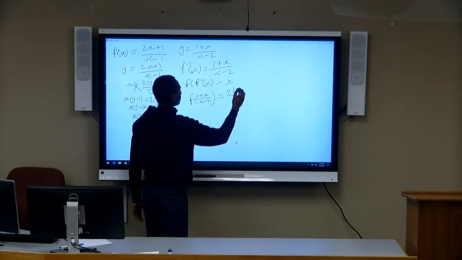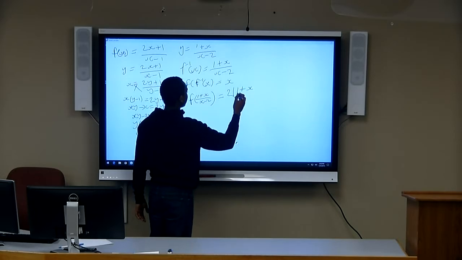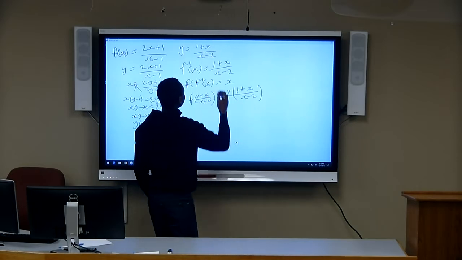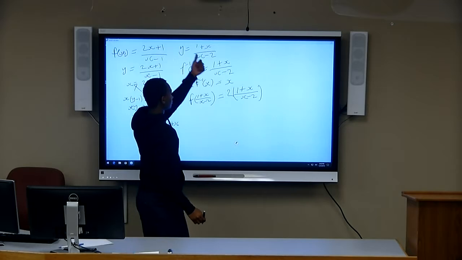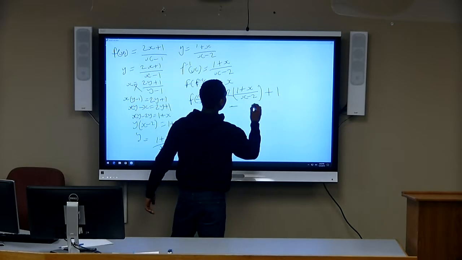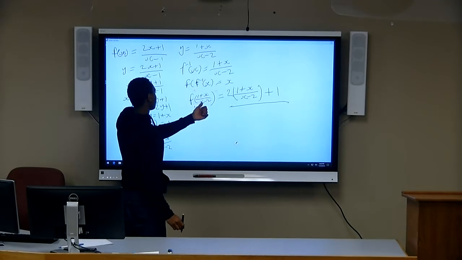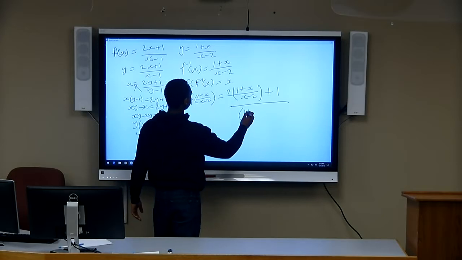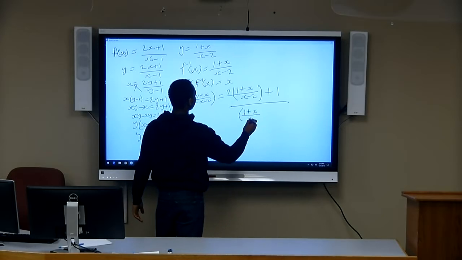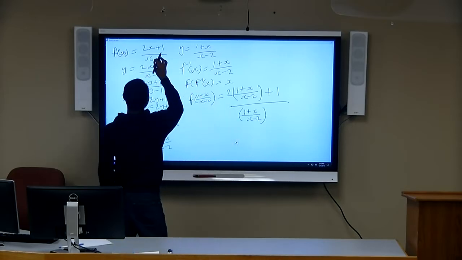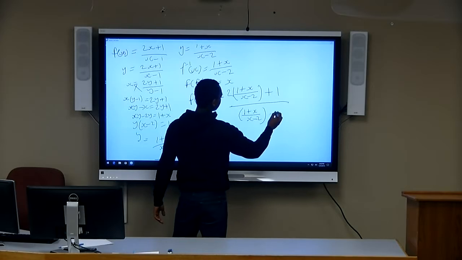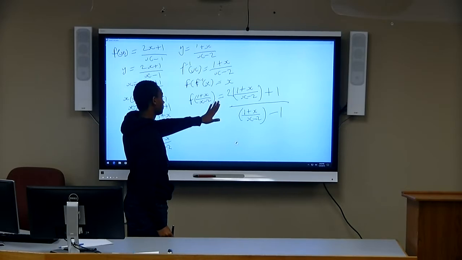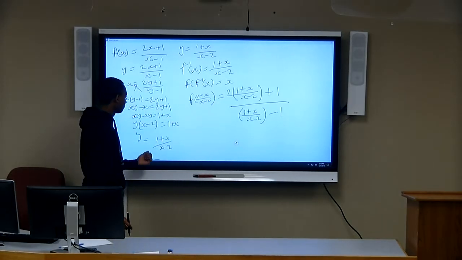So it's going to be 2 into 1 plus x over x minus 2, over 1 plus x over x minus 2 minus 1. We're replacing x with this thing here. So if we work this thing out, we should get exactly x. If we get x, we know that this thing is right.